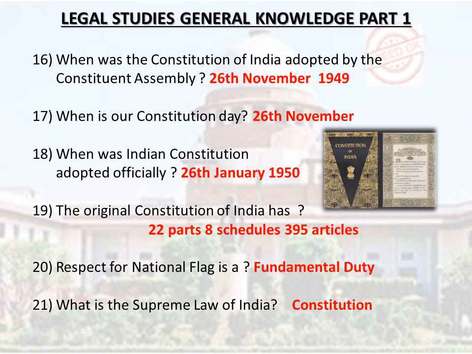When was the Constitution of India adopted by the Constituent Assembly? 26 November 1949. When is our Constitution Day? 26 November. When was the Indian Constitution adopted officially? 26 January 1950. The original Constitution of India has 22 parts, 8 schedules, 395 articles.